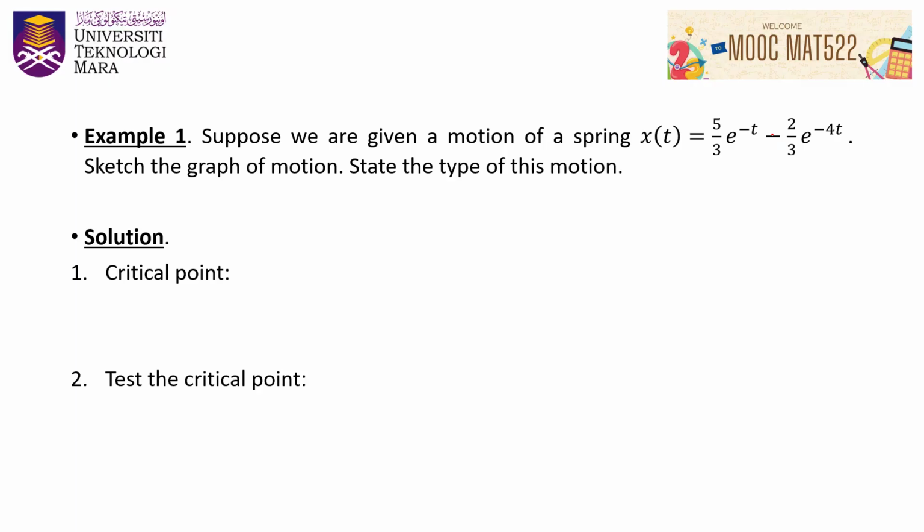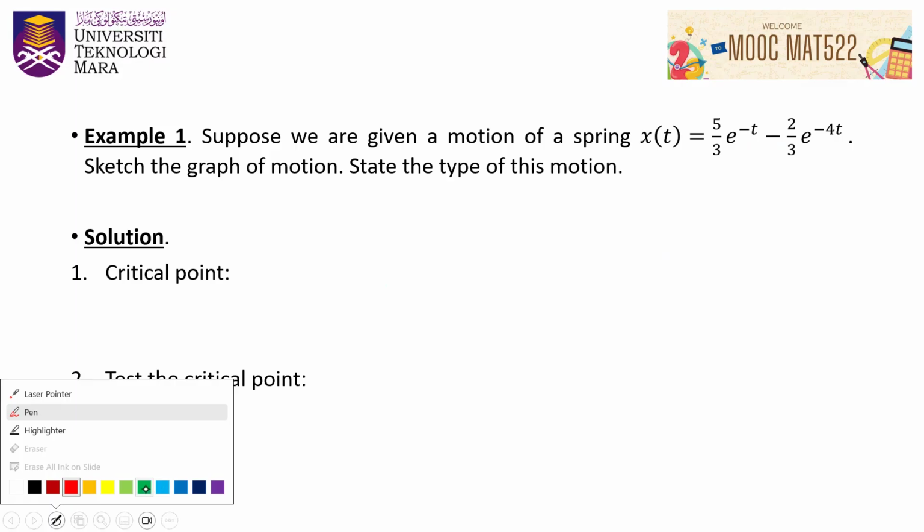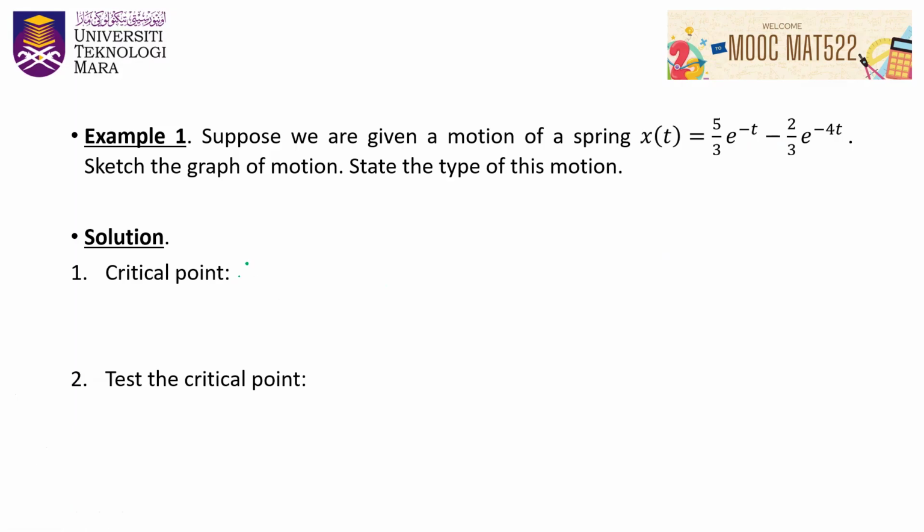Since the function of the spring mass system has already been given, we proceed to find the critical point. That is, we first find the first derivative x prime t. This gives us the result negative 5/3 exponent negative t plus 8/3 exponent negative 4t.